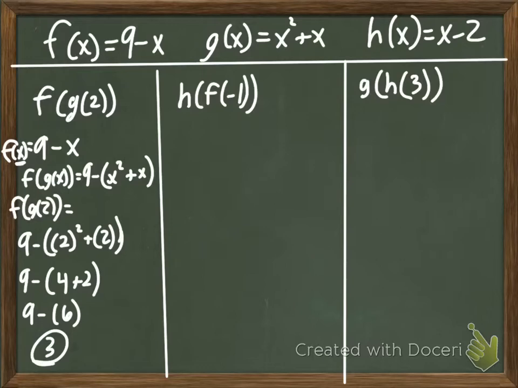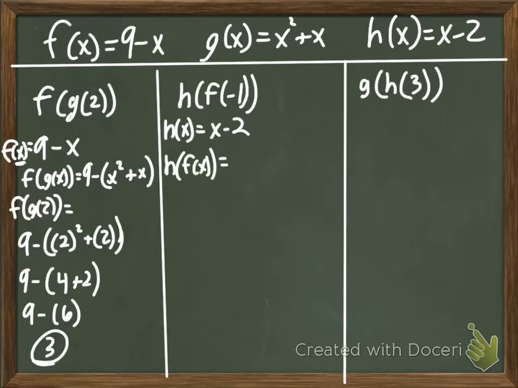So with our function composition, our input value of 2 is going to give us 3 for f of g of 2. Okay, so I'm going to get you started on the next one, and then I'll let you actually input the number. So what we're going to do is h of f of negative 1. So we're going to take our h of x, which is x minus 2, and then inside of it we're going to put that f of x.